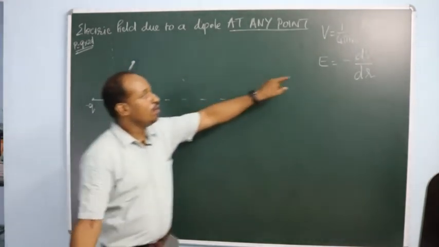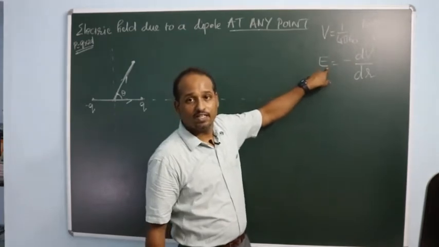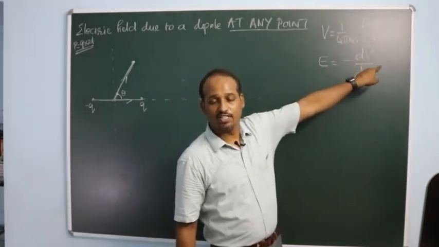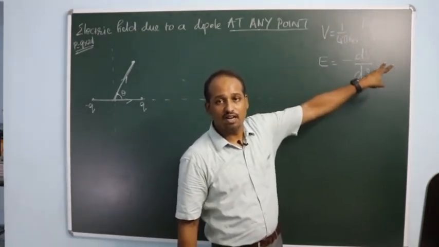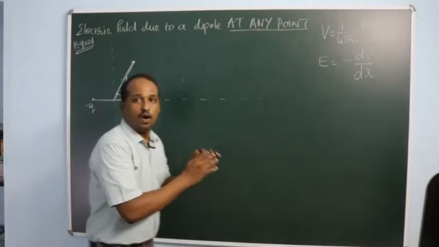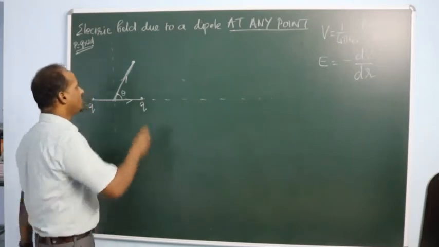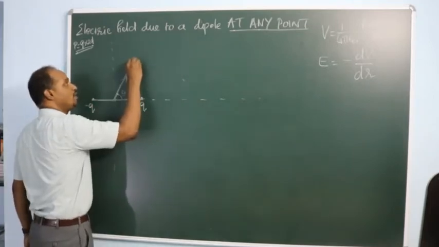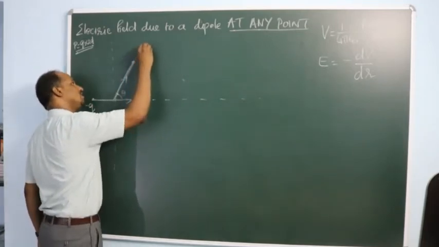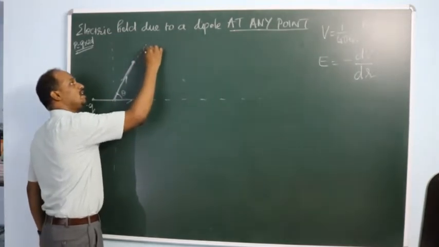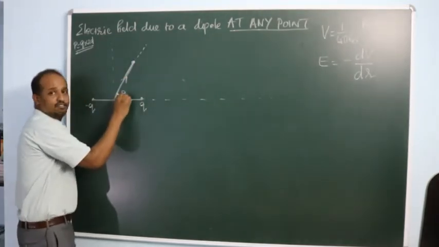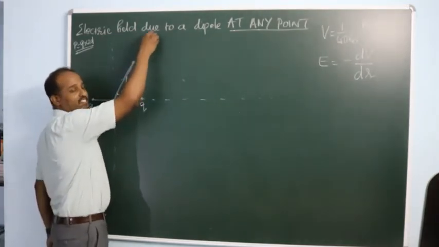But we also know that the electric field is the negative of the potential gradient. Potential gradient means change in potential with respect to distance. Now look here, there are two possible changes in distance. One is from this point P, if you move along this direction by dr, the angle does not change, only the distance changes.